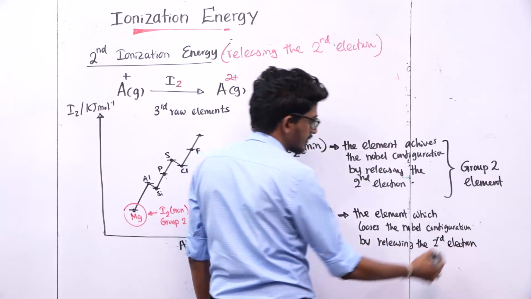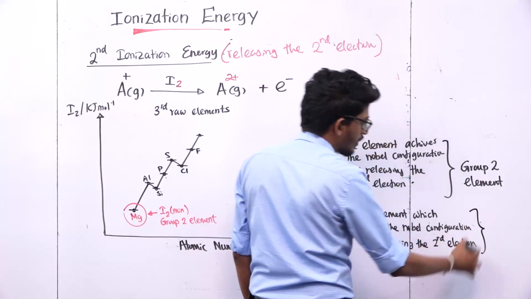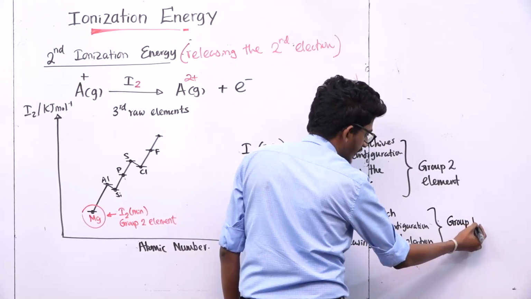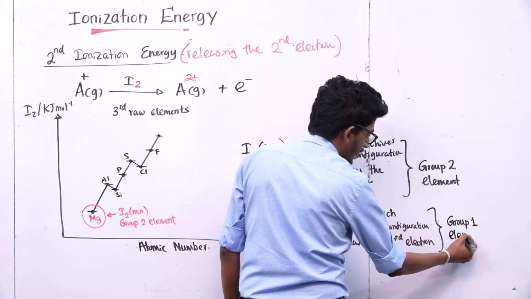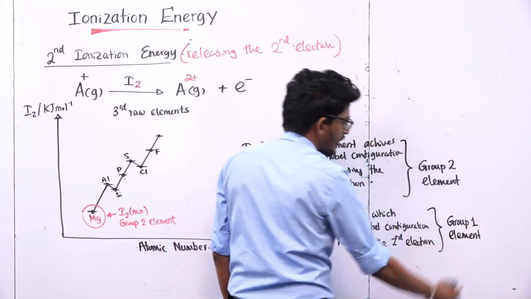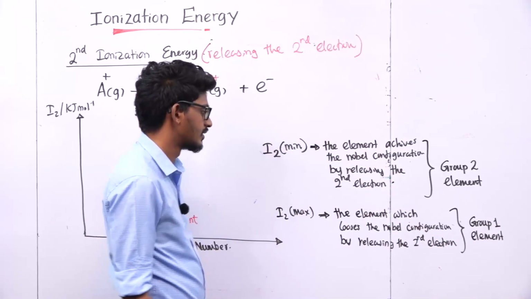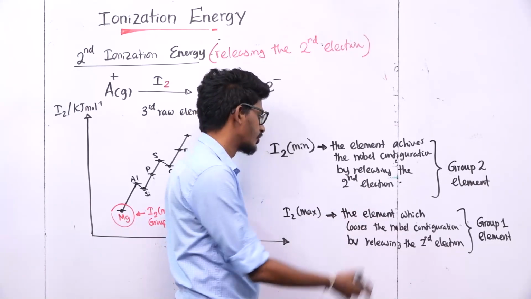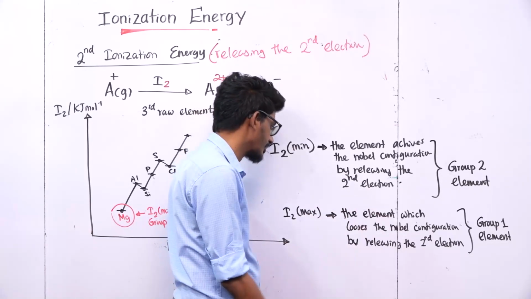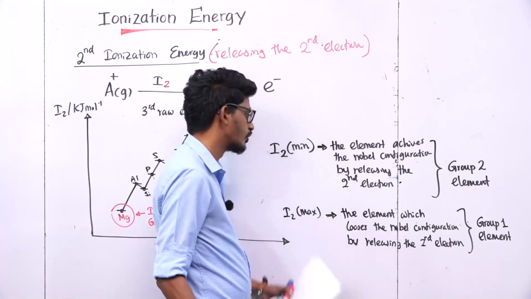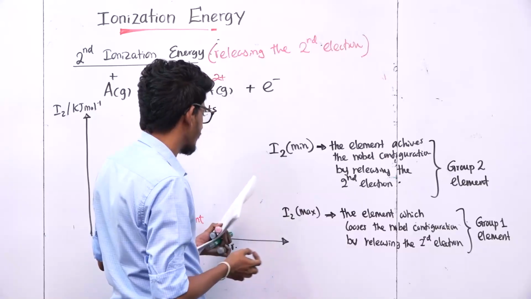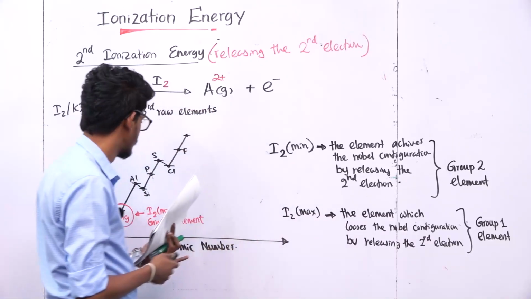That is actually the group 1 element. After releasing the first electron, the group 1 element achieves the noble gas configuration. The second electron is going to be removed from that noble gas configuration, right? So group 1 elements are the ones with the greatest I2.